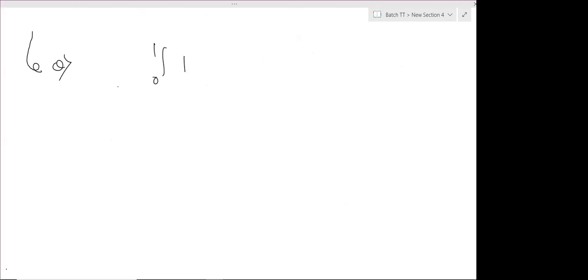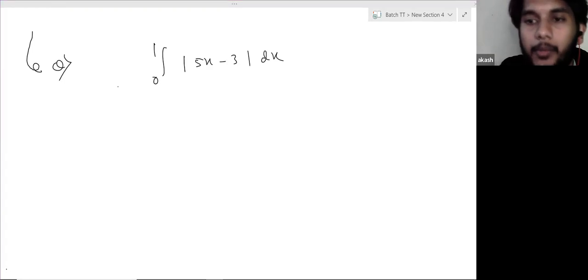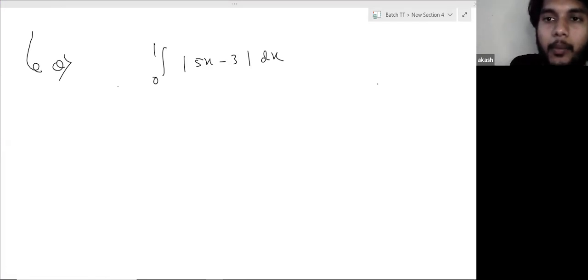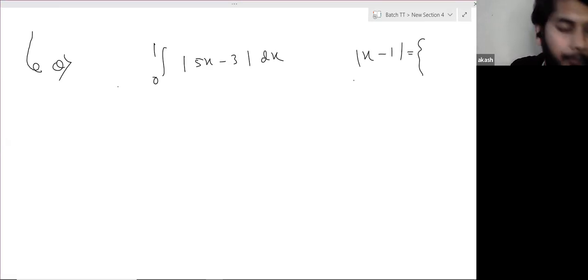Zero to 1 modulus 5x minus 3 dx. All right. So remember, whenever you see modulus type questions in this definite integration, you have to use this property. How many of you know how to open modulus function? See, don't worry.